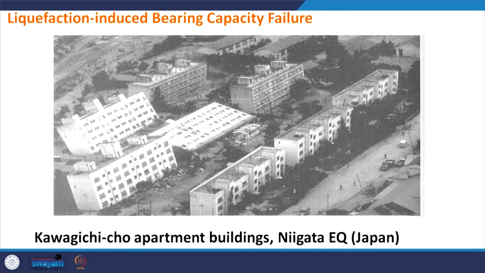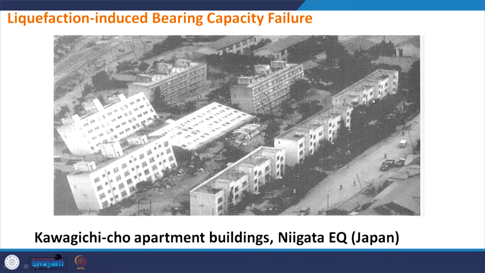So, if you see this building which has fallen down, there was no damage to the superstructure. However, the foundation of this building failed, and the foundation failed due to liquefaction induced bearing capacity failure. This building failed, it got tilted, this is also tilted while others are standing.